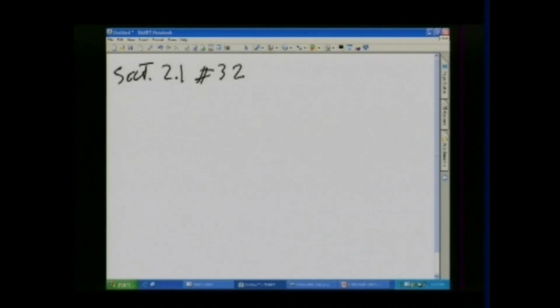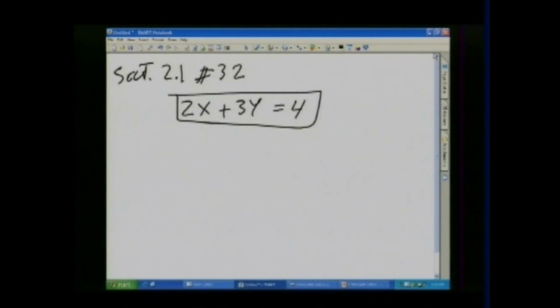Number 32 says, given the equation 2x plus 3y equal 4, answer the following questions. Is the slope of the line described by this equation positive or negative? In order to find the slope, we have to put this equation in this format: y equal to mx plus b.